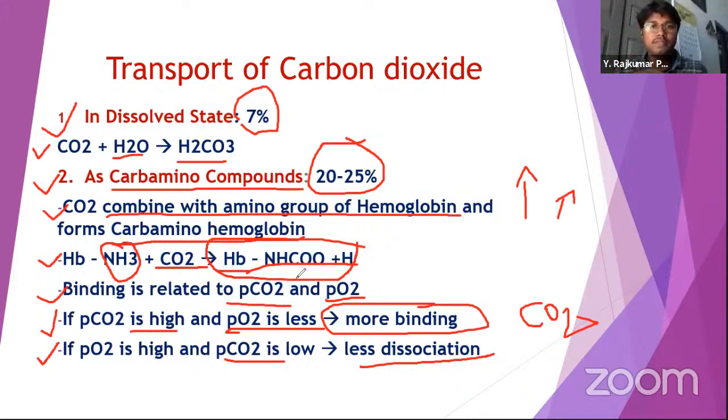Suppose the environment has different kinds of gases, like oxygen, nitrogen, carbon dioxide. The pressure of one particular gas, taking oxygen as an example, the pressure of oxygen in a mixture of gases is called the partial pressure of oxygen.